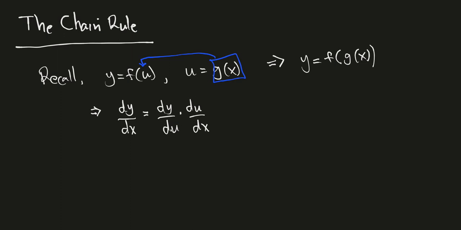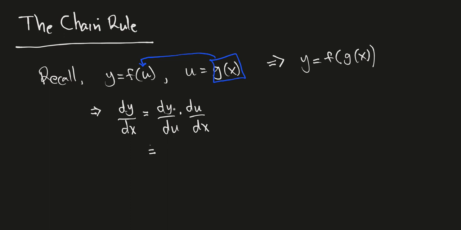And let's say we were to write this using the prime notation. So instead of using the d's, let's take this side of it, this part, and try to express it using the prime notation for the derivative, right? So what does that mean?